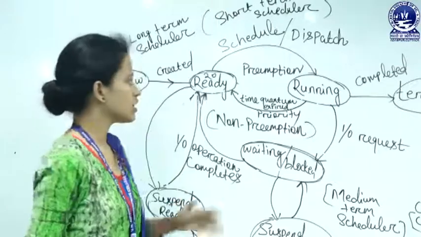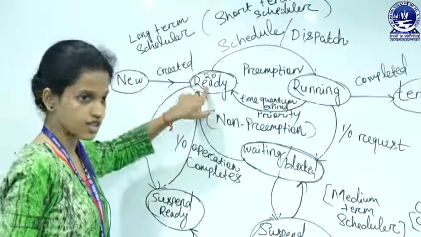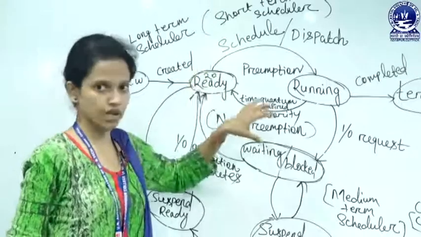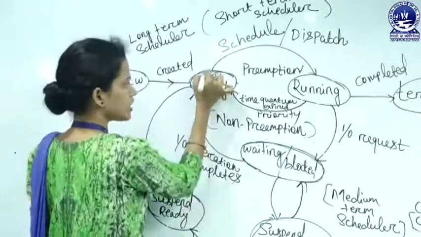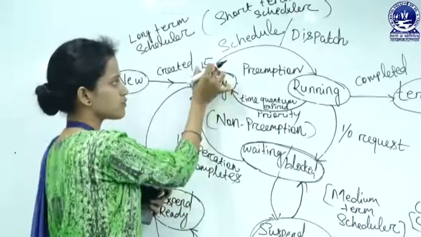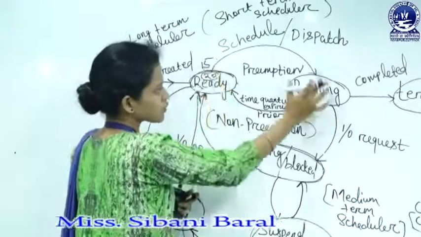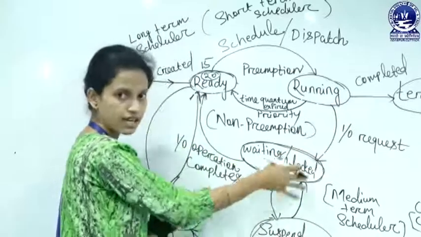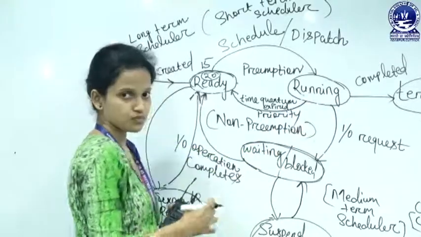If there are 20 processes in the ready state and 15 of them are IO bound, and the short term scheduler selects those 15, then all 15 processes go to the waiting state again and again during execution.